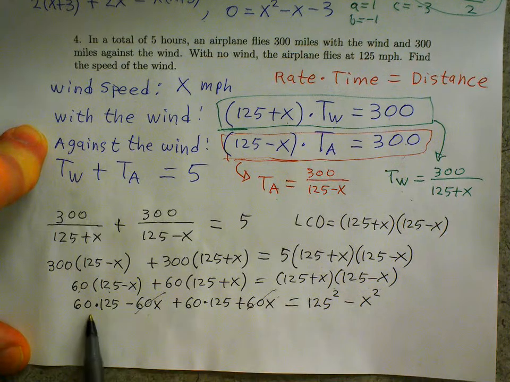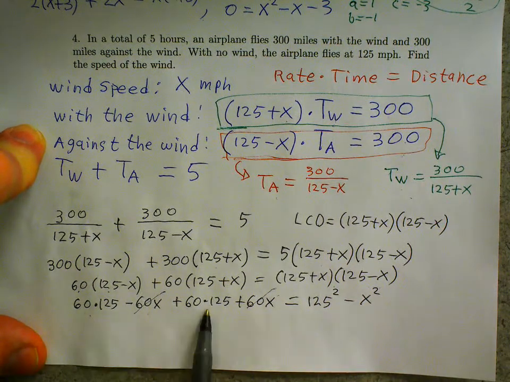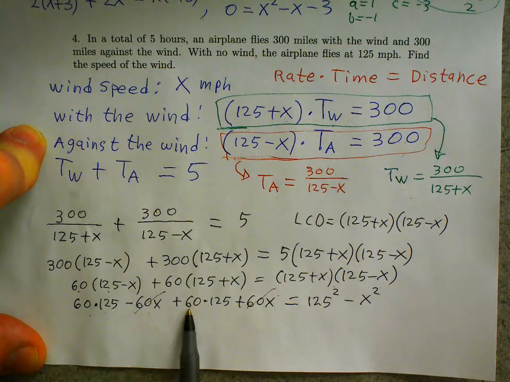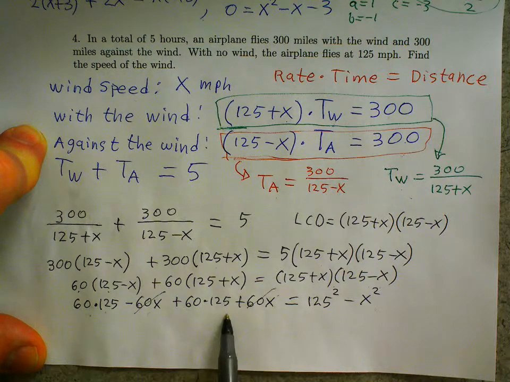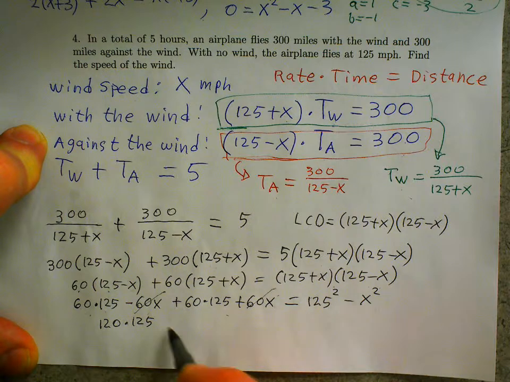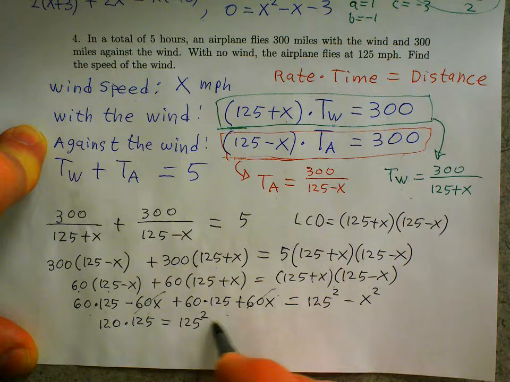So let's do one more thing to the left-hand side. I have 60 times 125 plus 60 times 125. So that's the same as 2 times 60 times 125. So I'm going to write it as 120 times 125 equals 125 squared minus x squared.